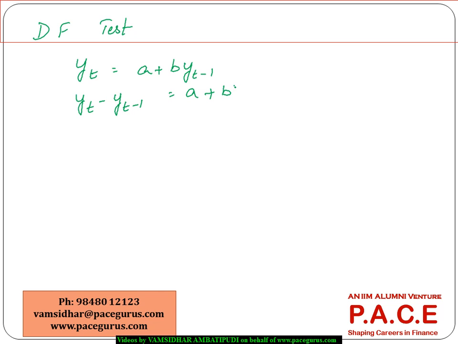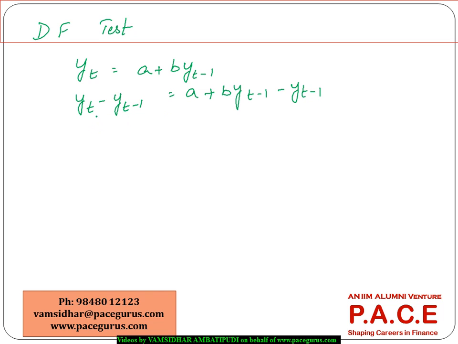So getting into the Dickey-Fuller test, which is called the DF test, the process says: look at it like this, yt equal to a plus b yt minus 1. What the Dickey-Fuller test says is, you subtract yt minus 1 from both sides. It becomes a plus b yt minus 1 minus yt minus 1.